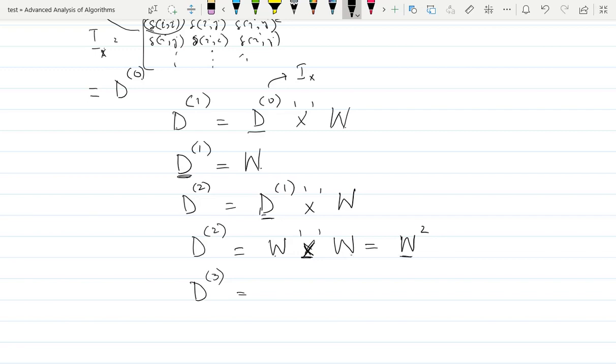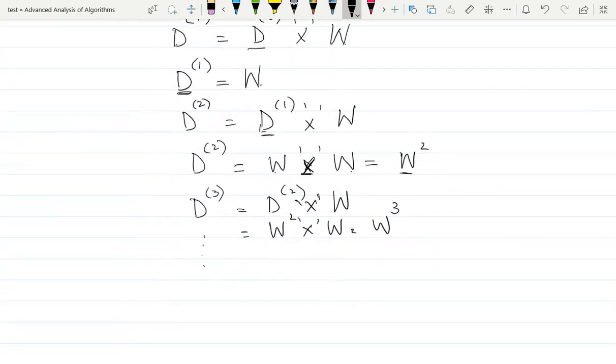And when we're talking about d3, d3 is equal to d2 with this funny multiplication by w, which, since d2 is w square, will result in w cubed. So you can see that there is a pattern, and the final value which we wanted to calculate was d n minus 1. So d n minus 1, by looking at this pattern, should be equal to w to the n minus 1.